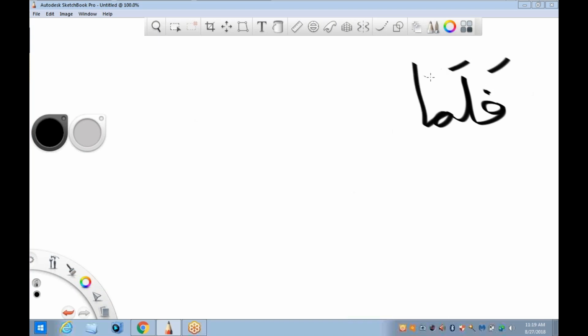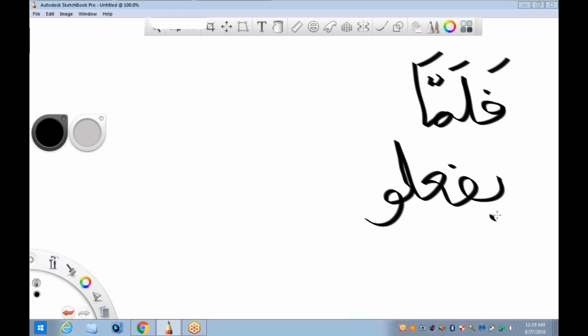That's a fa. Falamma. Then we're going to look at a sukun. Then we're going to look at a shadda.